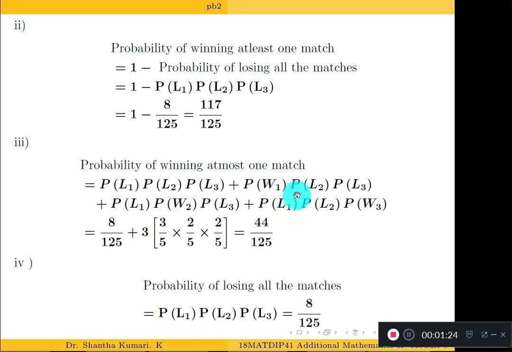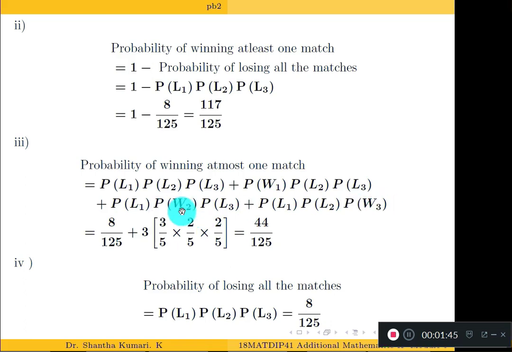Exactly one means winning only in one match, then losing second match and third match, winning only the first match. Or another possibility, losing the first match, winning the second match and losing the third match. Or losing the first match, losing the second match, winning the third match.